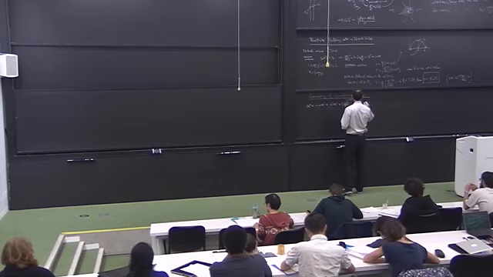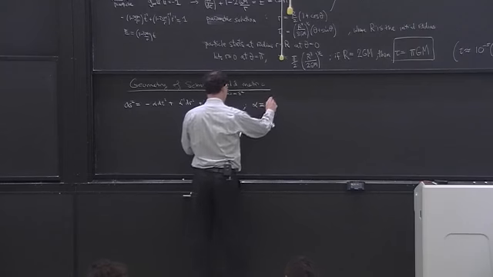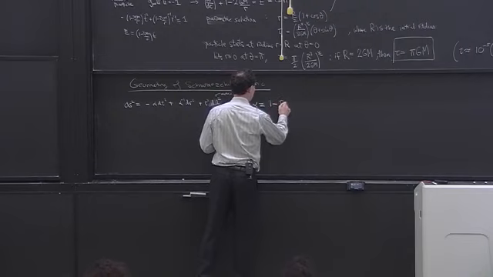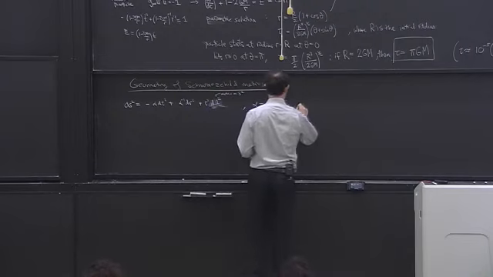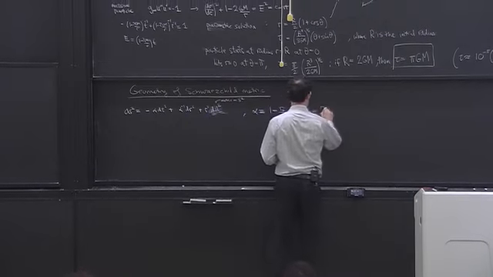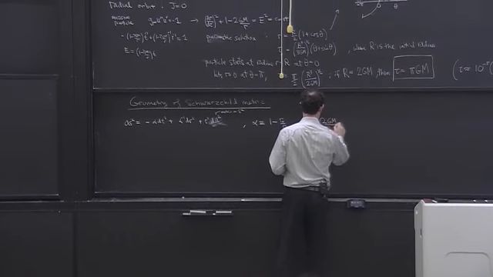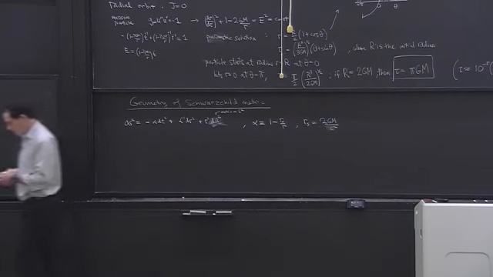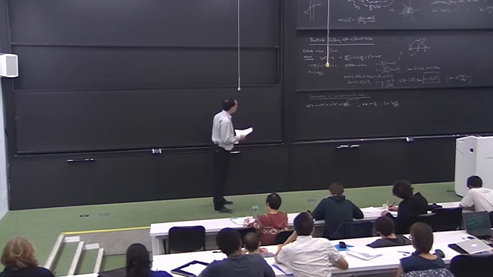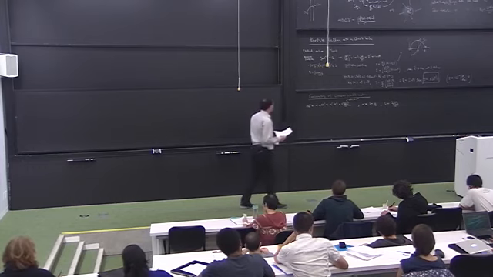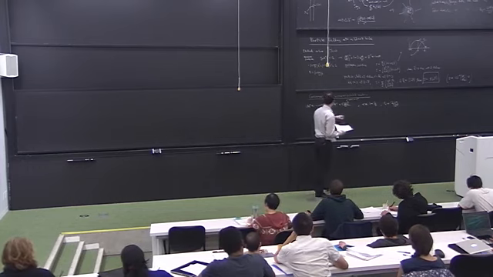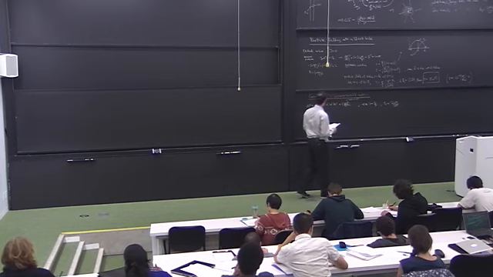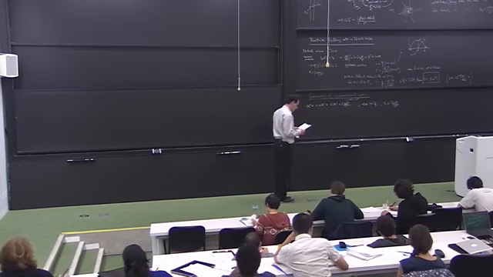Where alpha is defined to be 1 minus rs over r, and rs is 2GM over c squared, the Schwarzschild radius. So that's our metric, and it involves a single parameter, which is rs, and we're going to learn about this metric.